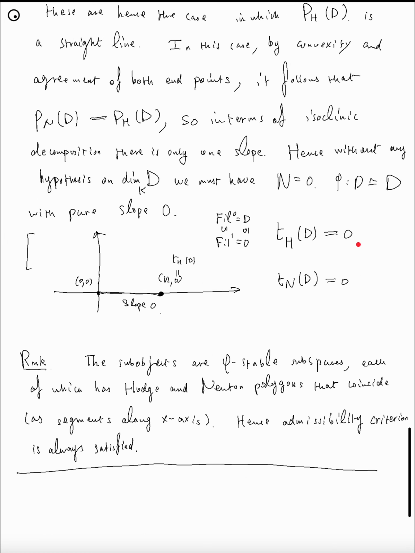So when you have this is 0, and sorry, this Newton and Hodge coincide. This is by definition of admissibility.